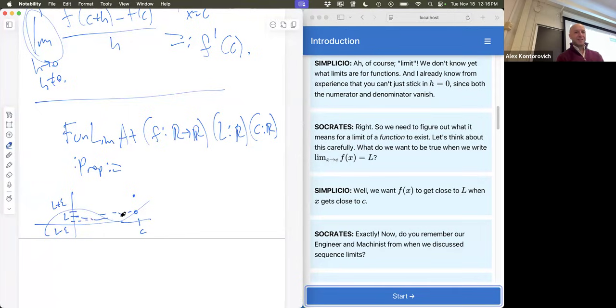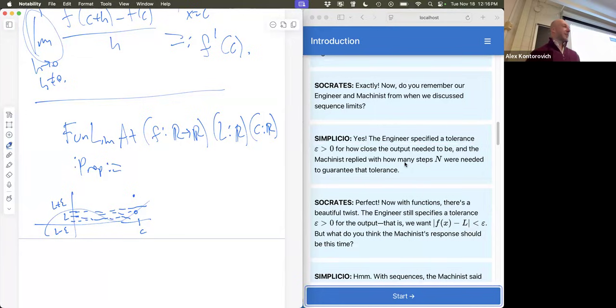Can you guarantee, by getting close enough to c, that I'll be within epsilon of L? As long as what? The machinist has to say, I'll guarantee it if the input you give me, if the value of x you give me, is sufficiently close to c. Okay, so it's the same conversation.